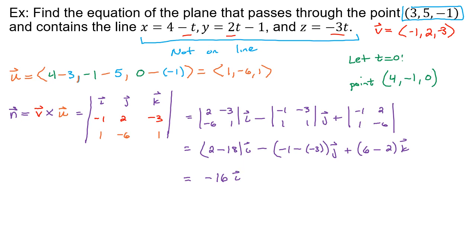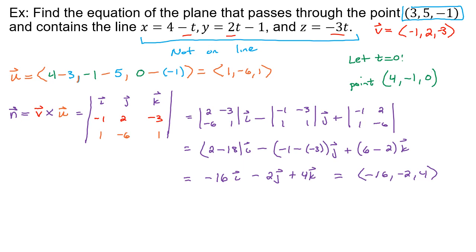The negative 3 makes 3, minus 1 is 2, so I'll end up with a minus 2j and a 4k. Or, if you want to write it in the other notation, negative 16, negative 2, and 4. That's my normal vector. Now I have a normal vector and a point.